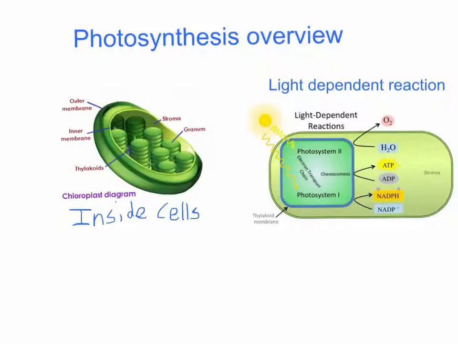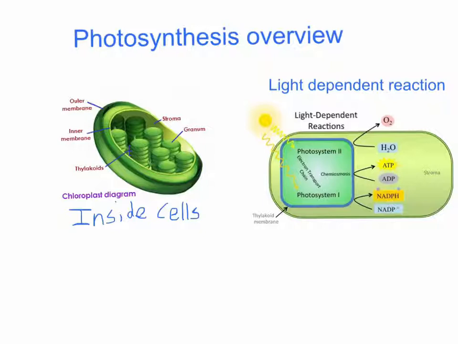Now, one of the things that I do want you to know: the hydrogens that get split from the water get picked up by a molecule called NADP. It's similar to NAD, but you add a phosphate on there, and it becomes NADPH.